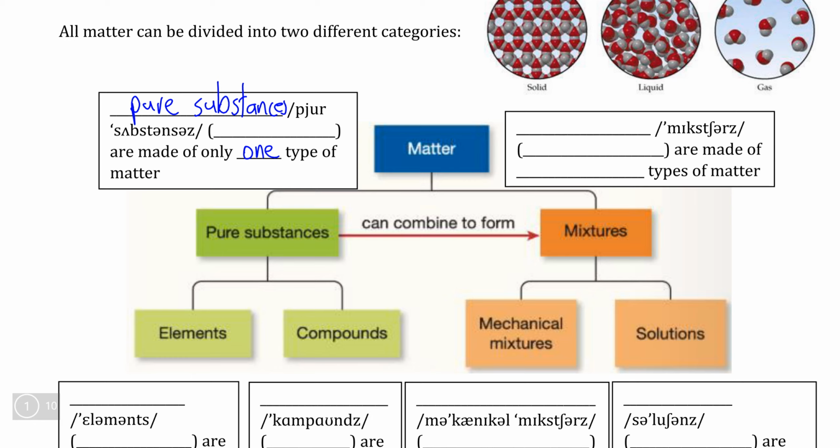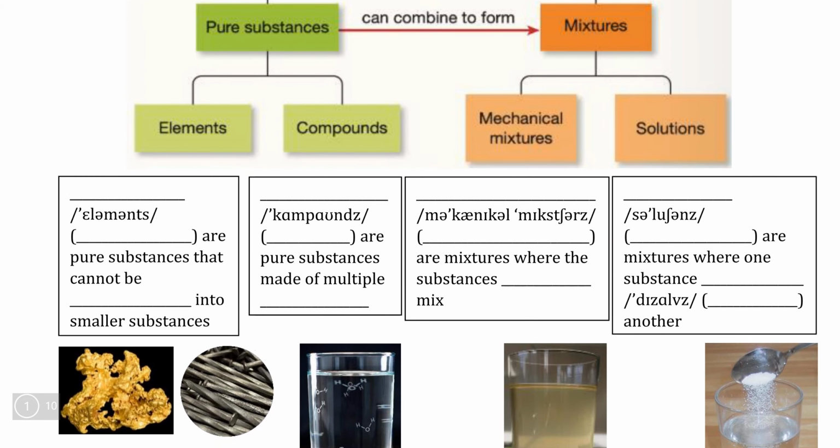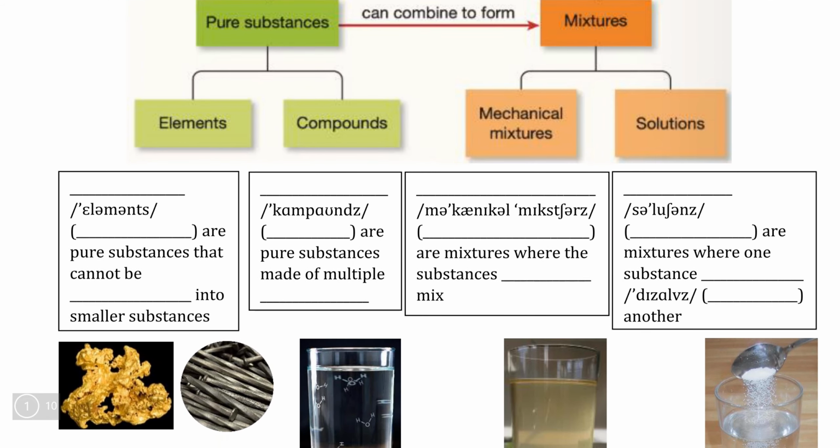To contrast this, the other type of matter are what we call mixtures, and if a pure substance is made of only one type of matter, mixtures are made of more than one or multiple types of matter. Now, from here, we can take pure substances and mixtures and break them down further so that our categories get more specific.